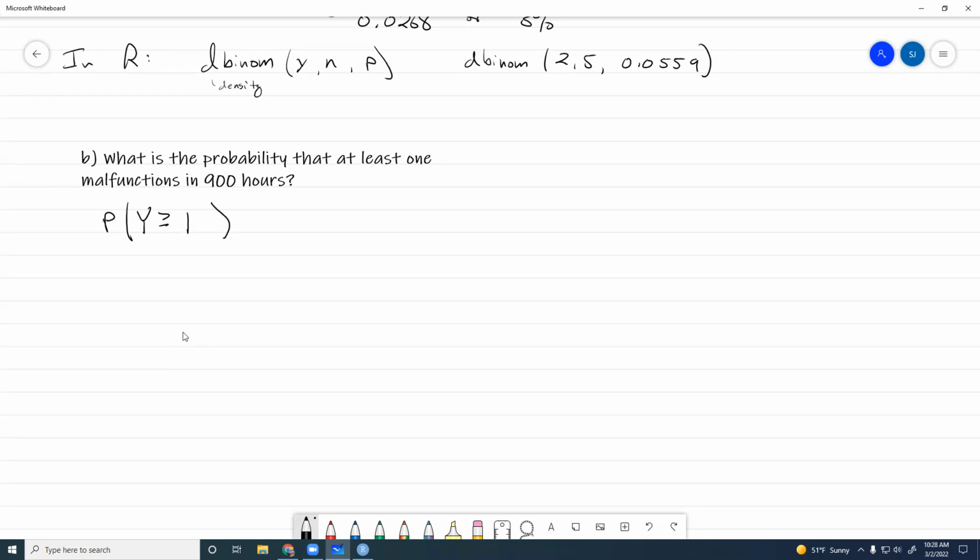And would this be a PMF or a CDF? Sam knows. Okay, so when you see these inequalities, your brain should think, oh, CDF, because a CDF is really less than or equal to.